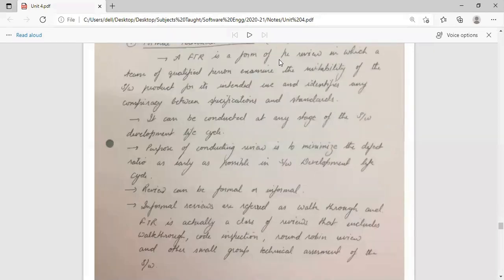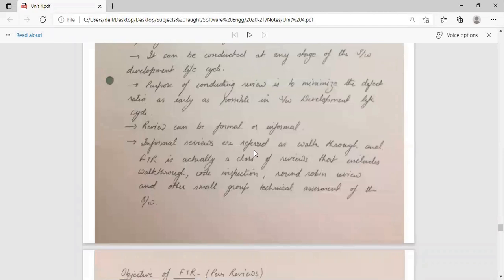Next, a review can be formal or informal. So I cannot state that FTR is a formal review or an informal review. Right? Informal reviews are referred to as walkthrough, and FTR is actually a class of reviews that includes walkthrough, code inspection, round robin review, and other small group technical assessment of software. Now you see, whatever the name, walkthrough, code inspection, round robin review, FTR, all these are simple reviews.